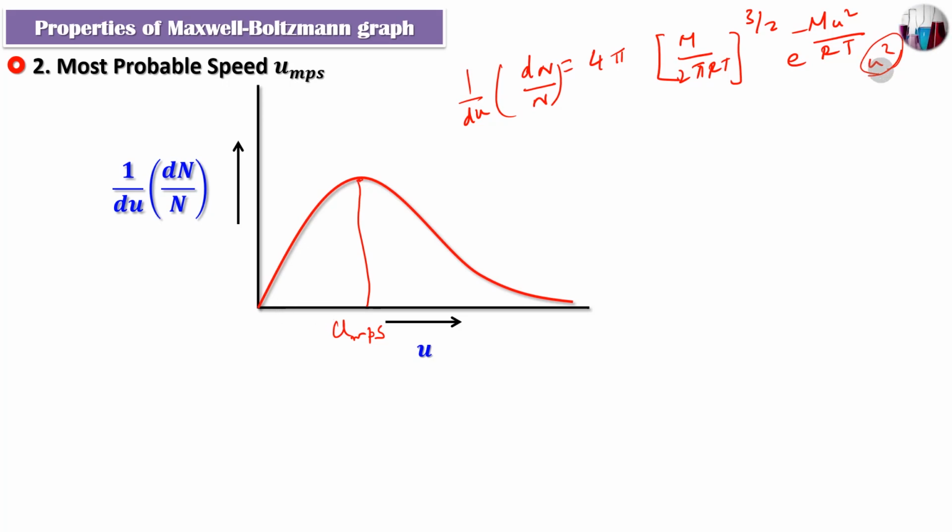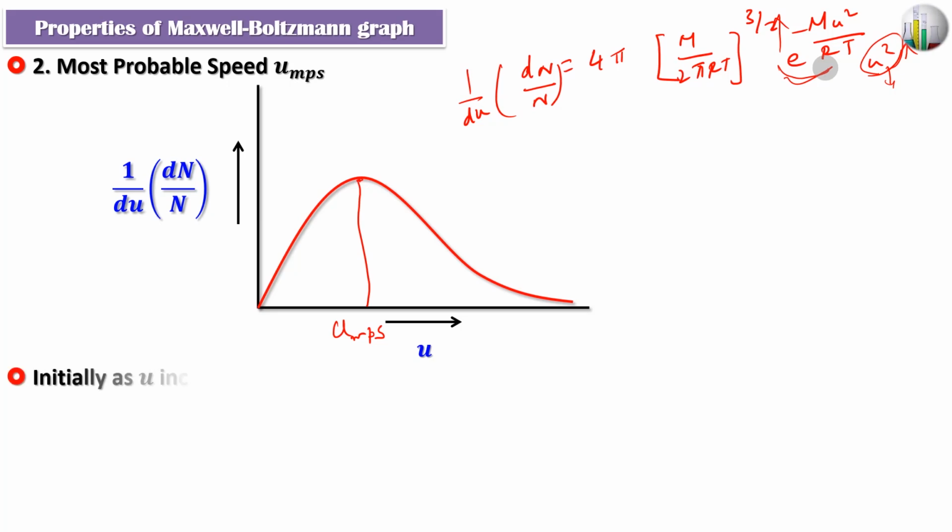But remember, the effect of u square is diminishing while the effect of e to the power minus mu square, being an exponential function, increases more rapidly, and this increases less rapidly, and therefore its effect will be less over a period of time. So you find that the slope is decreasing, and which is why after some time it goes down because this becomes dominant now, e to the power negative mu square by RT.